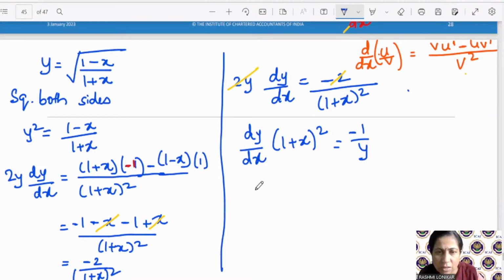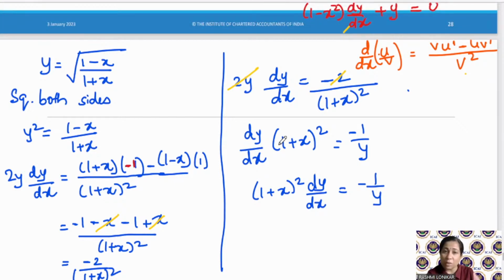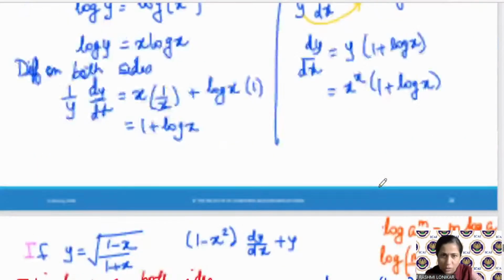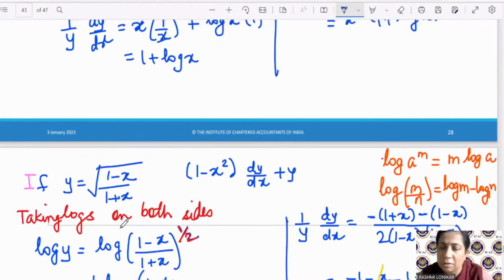So 1 plus x the whole square dy by dx is equal to minus 1 upon y. Okay. Now what happens here is you have to put the value and then you will have to rearrange to get the answer. It is not impossible, but it becomes long. So what you should do is, this is the better method. Taking logs on both sides is the better method.